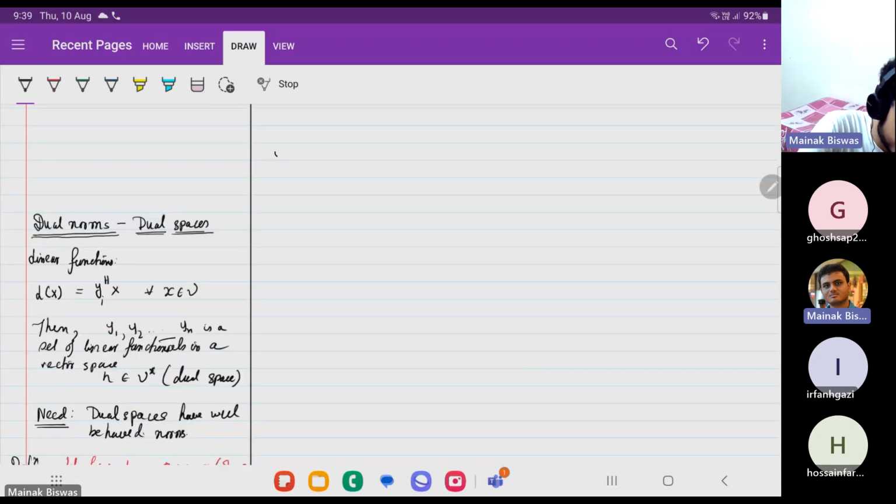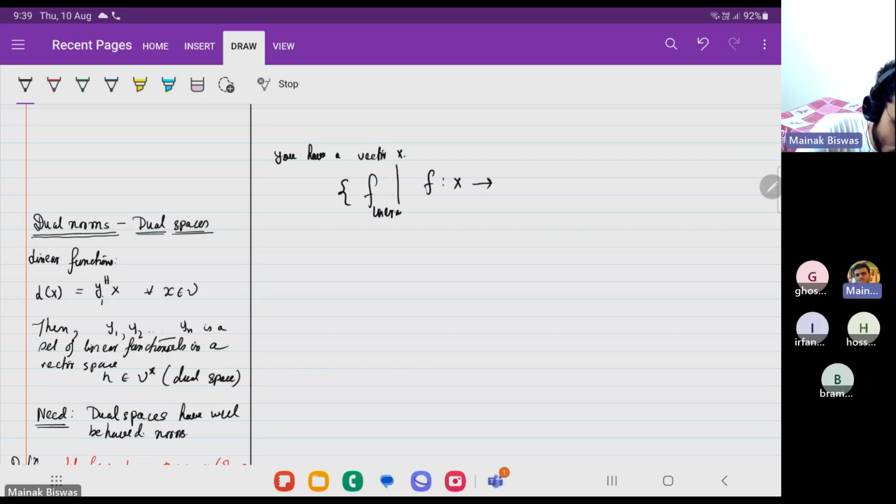Say you have a vector x, right? And you define the set of all functions f which are linear and map x to a real number.